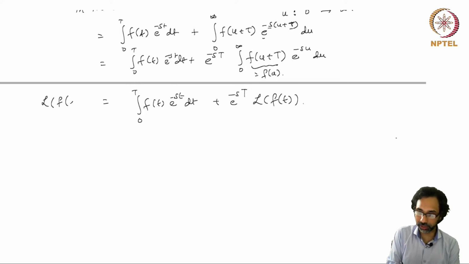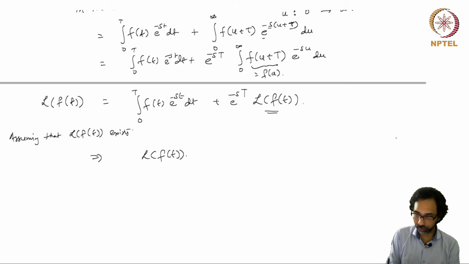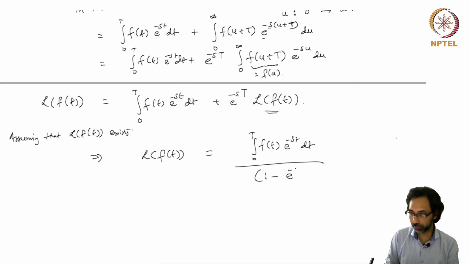So our left hand side was also the Laplace transform of f(t). Assuming that this is finite, so assuming that L{f(t)} exists, this implies that the Laplace transform of f(t) is simply the integral from 0 to T of f(t) e^(-st) dt divided by 1 minus e to the power minus sT, valid for s greater than 0.